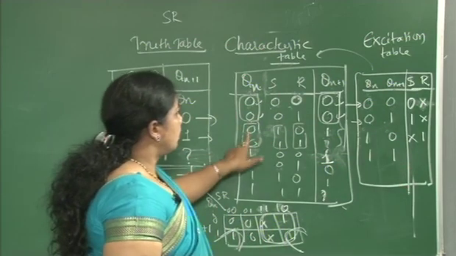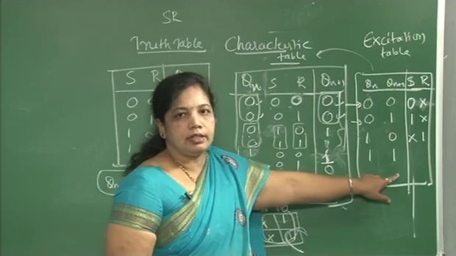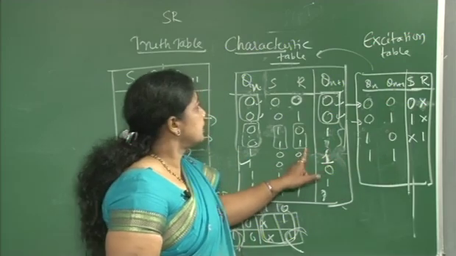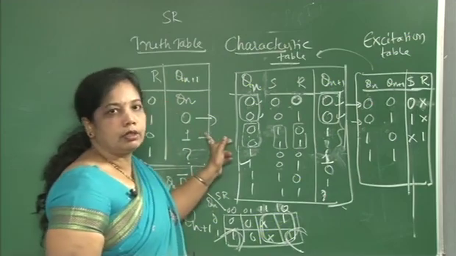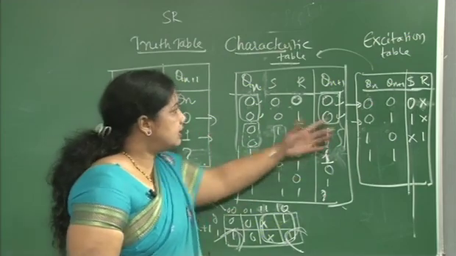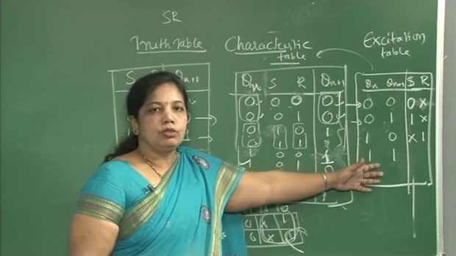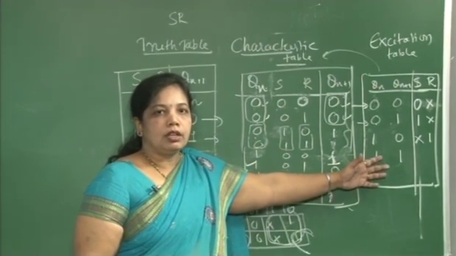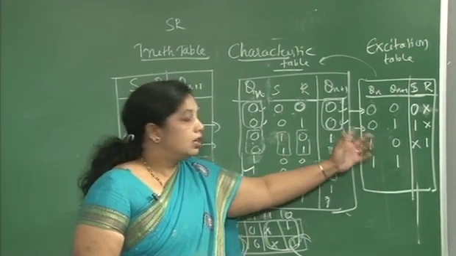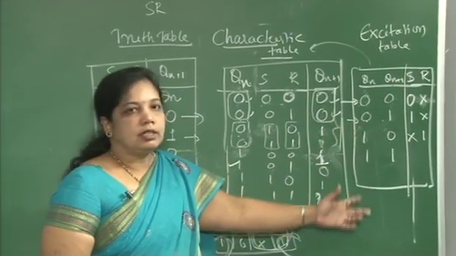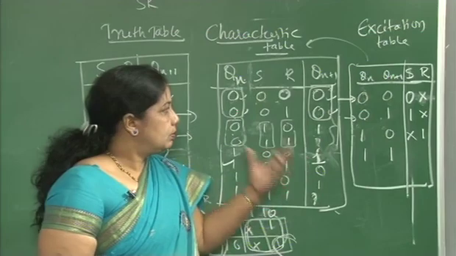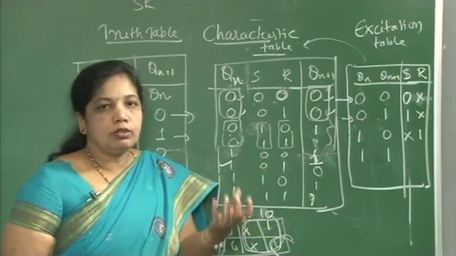So this is how I write an excitation table from the characteristic table. The characteristic table is generated from the truth table. Finally, this excitation table is useful for constructing or converting flip-flops, as well as designing counters. Basically, for designing counters we use JK flip-flops.